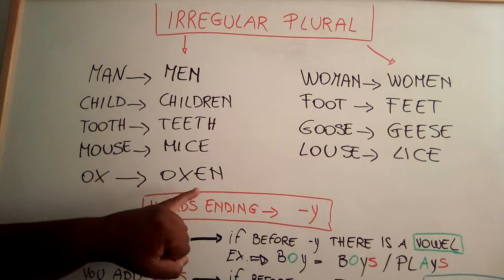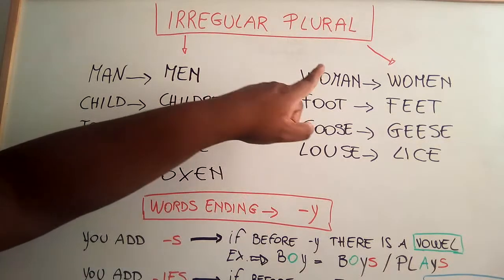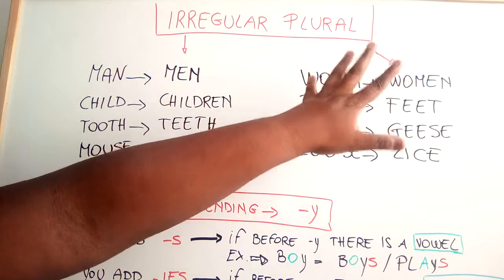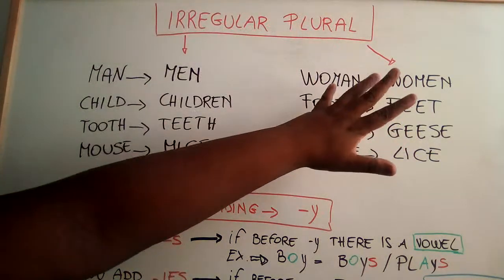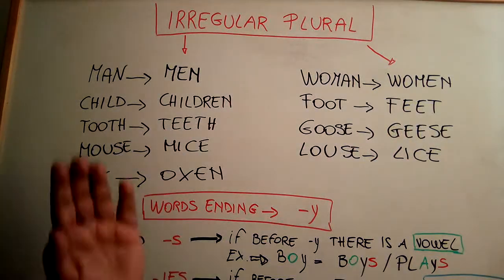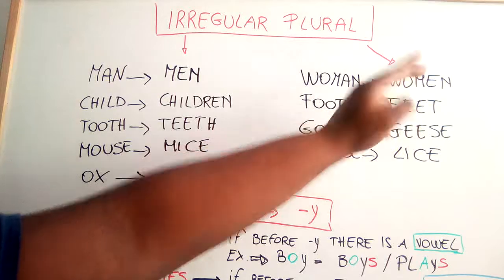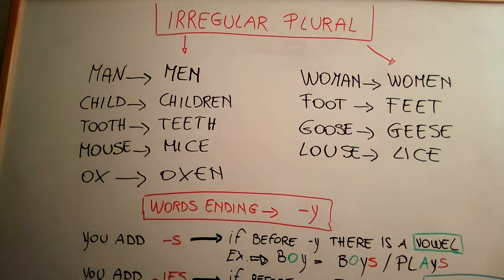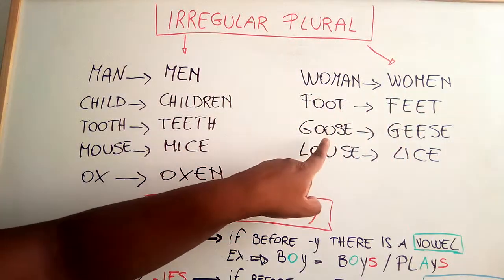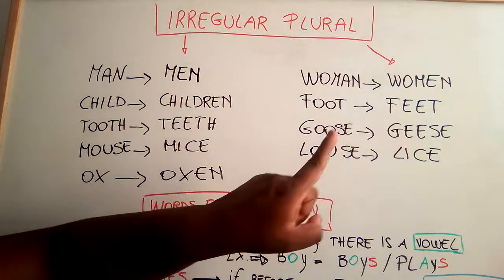Ox, oxen. Woman, women. Okay, here is different from man. Woman is not "woman", is "women". Even if there is an O after the W, we have to pronounce these words in the plural, women. Woman, women. Foot, feet. Goose, geese.